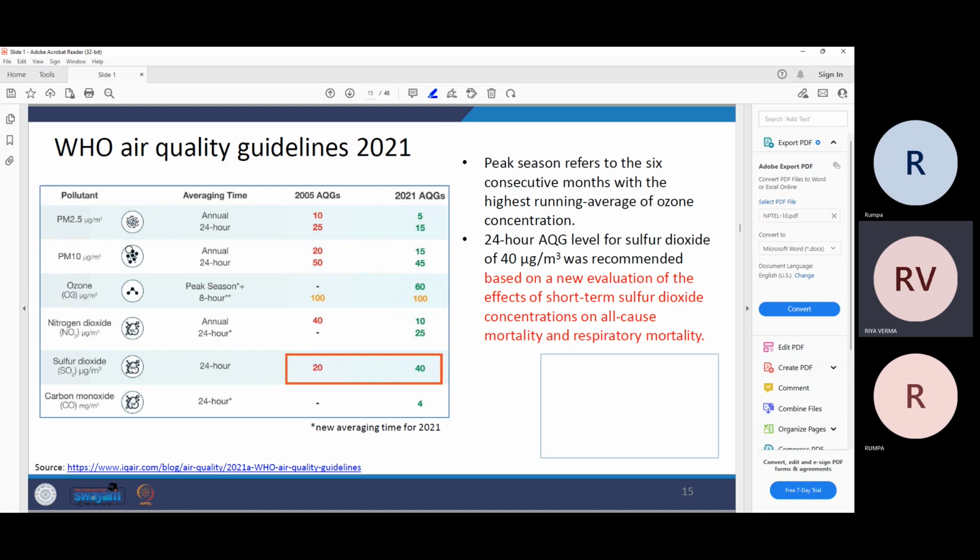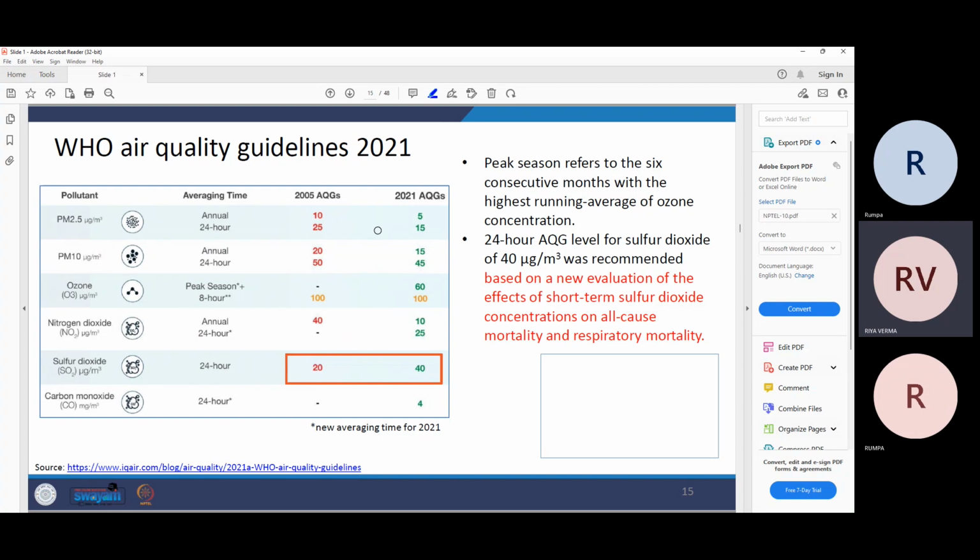For PM 2.5, in the 2005 air quality guidelines the annual average was 10 micrograms per meter cube, but in 2021 it was reduced to 5. The permissible limit has been reduced. For the 24-hour average, it was 25 in 2005, and it was reduced to 15 micrograms per meter cube in 2021.